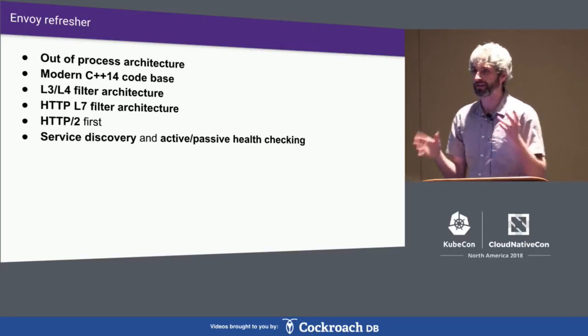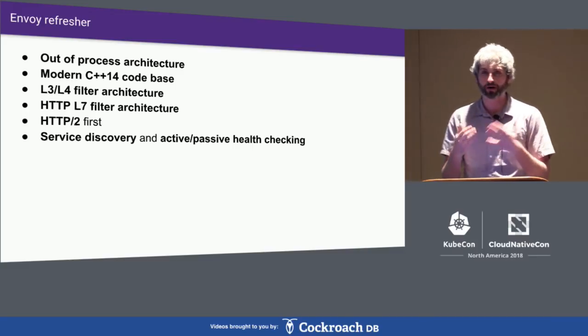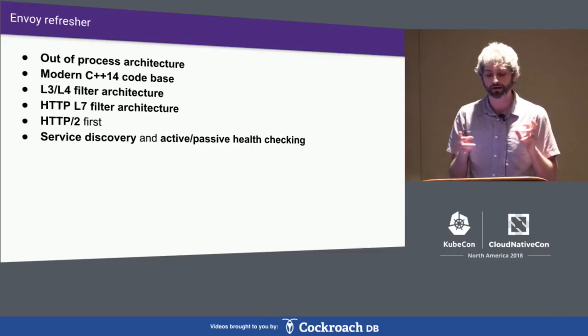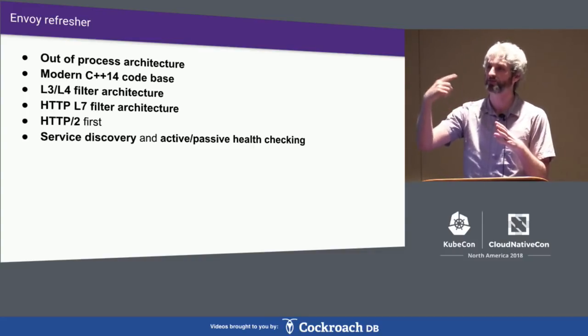The combination of active and passive health checking can be very powerful, because active health checking can give you a baseline health status, but passive health checking can give you very fast reaction speeds to when things go wrong.